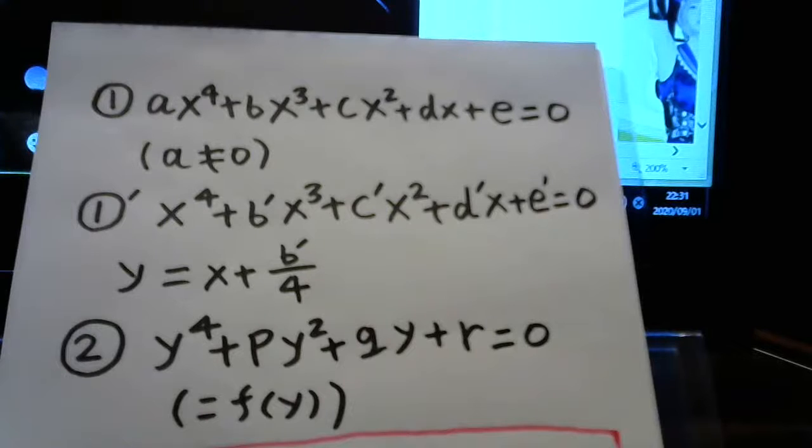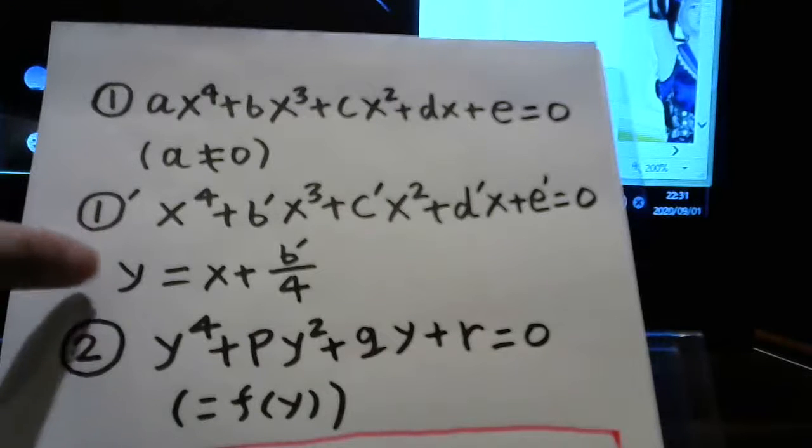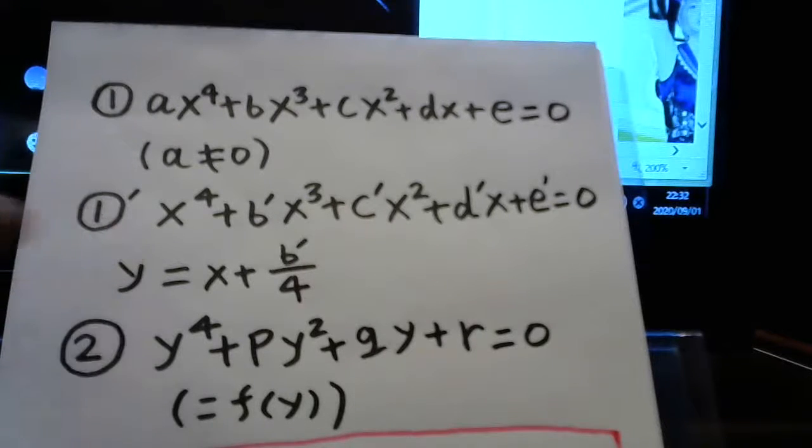Let's divide it by a. So it becomes this one. The leading coefficient becomes 1, and the primes are added to the others.